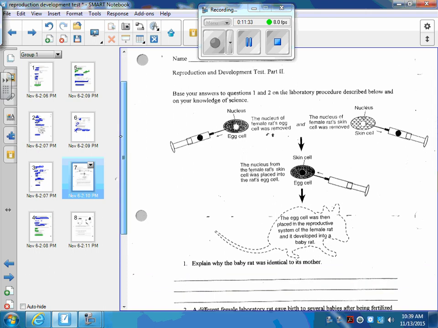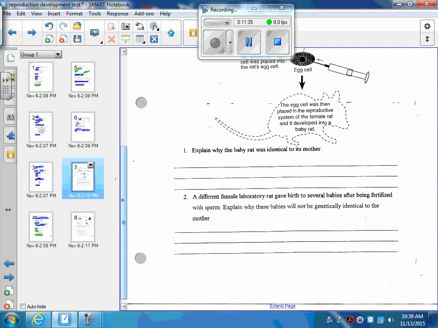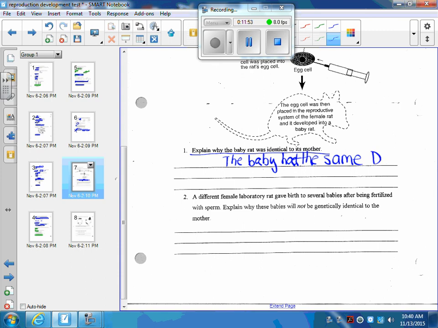The question says, and a lot of you did not get credit on this because you didn't answer this correctly, explain why the baby rat was identical to its mother. You had to say these words. You have to say that the baby rat had the same DNA. You had to either say they were clones, they had the same genes, all the genetic information came from the mother.